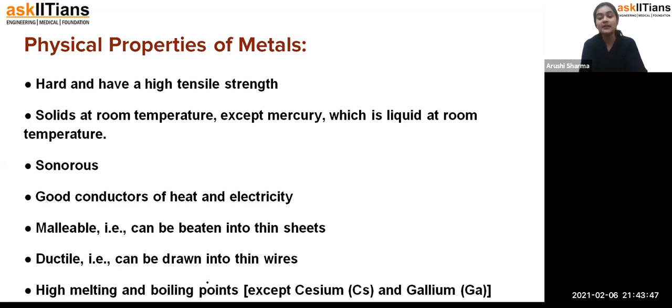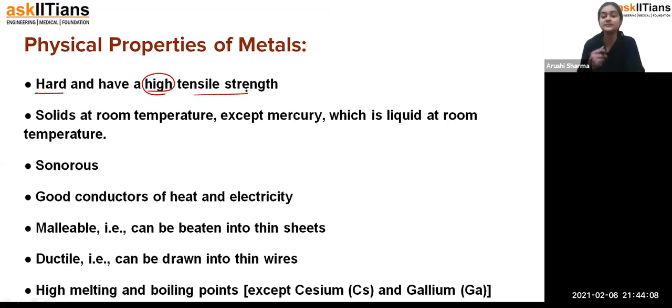Why do we use metals in the construction of any building? So that it will remain strong. That means we know that metals have the property that they are hard in nature and have a high tensile strength. That means their strength is very high.